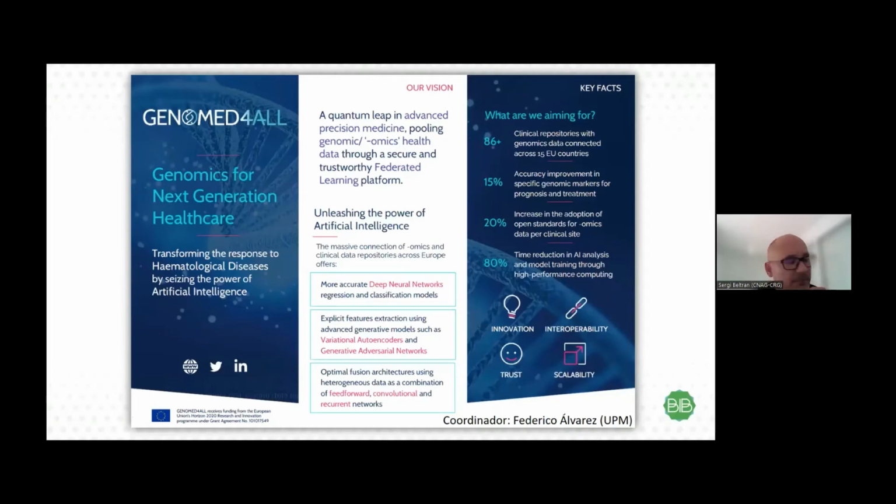Another project, and I'm reaching the end of the presentation, that we are working on together with the EGA is Genome-phenome for all. And this is a project in which we are trying to establish not federated data discovery, but rather federated learning. So artificial intelligence across distributed nodes. And here the main aim is to apply this to hematological diseases across different data sets in different hospitals in Europe.